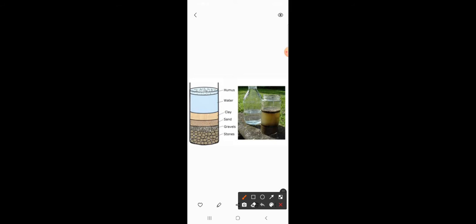After that one hour, you will find different layers formed in the beaker. The topmost layer is made of small lighter particles, which we see as humus, and below the humus you will see the transparent water.